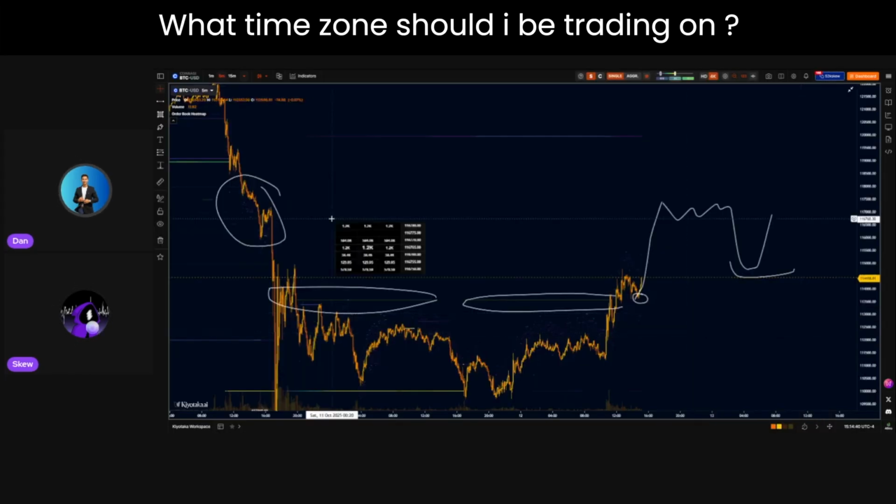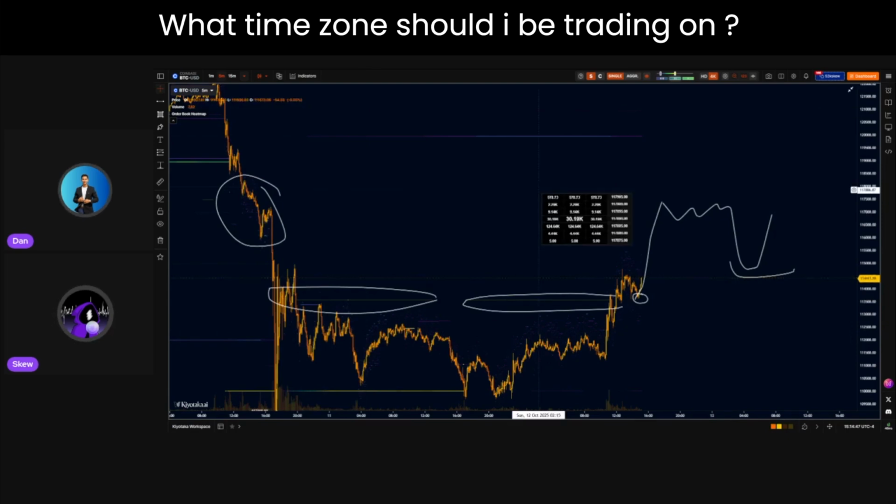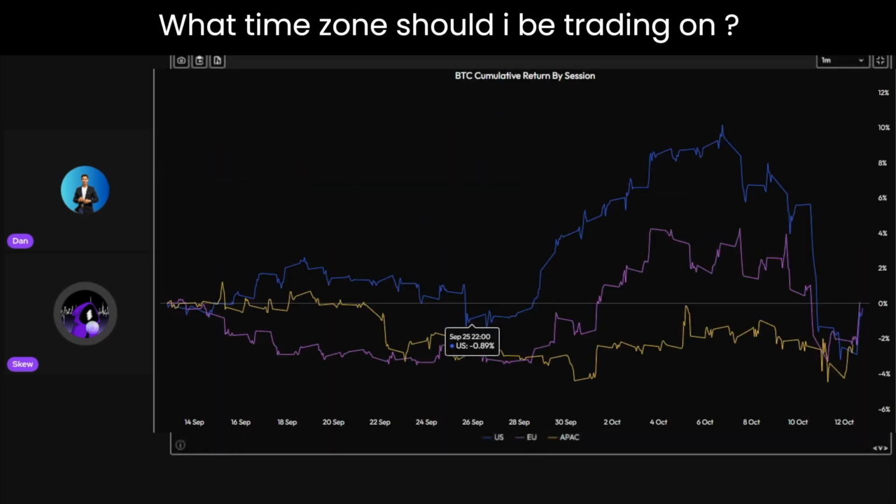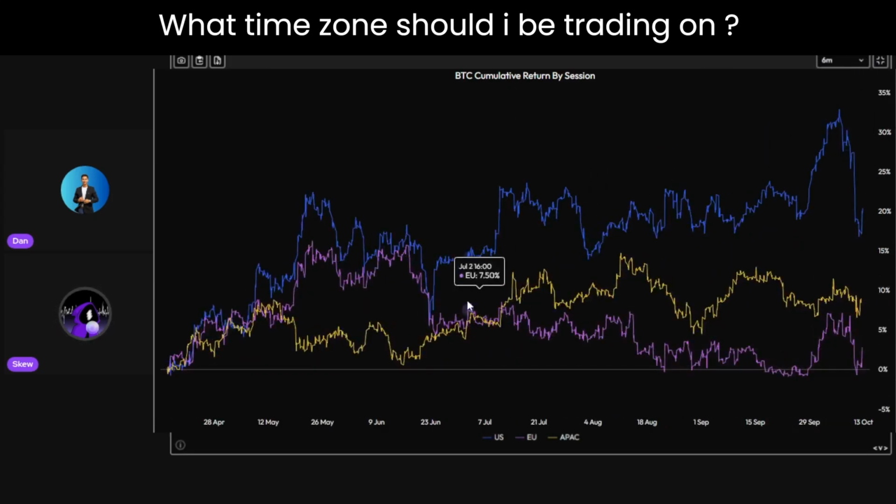Are you trading on a specific time zone? Usually, yeah. This is cumulative return by session, which basically tells you who leads the market in what session. So blue is US. Typically, the session you want to trade is the US session. That's led markets pretty much all this quarter.